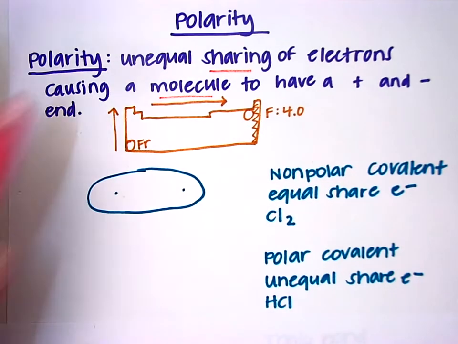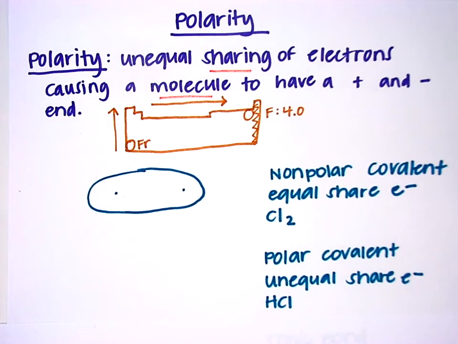When we see a polar covalent bond, what we're going to see is an unequal sharing of electrons. If you look at hydrogen and chlorine on the periodic table, they're in very different spots. Hydrogen's on the left, chlorine's on the right, right next to fluorine. So chlorine is very electronegative, hydrogen not so much, so chlorine is going to attract a lot more electrons. Electrons are going to want to hang out near chlorine more than near hydrogen.